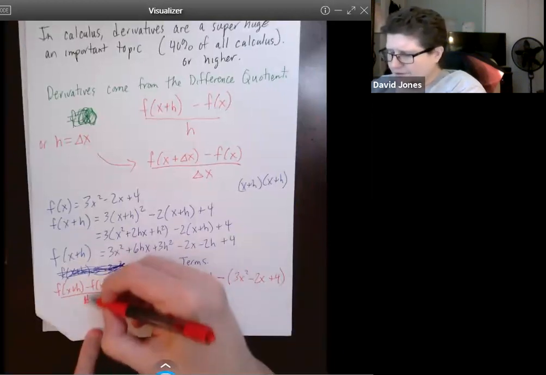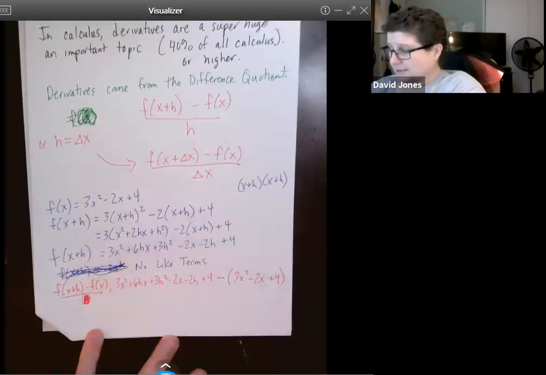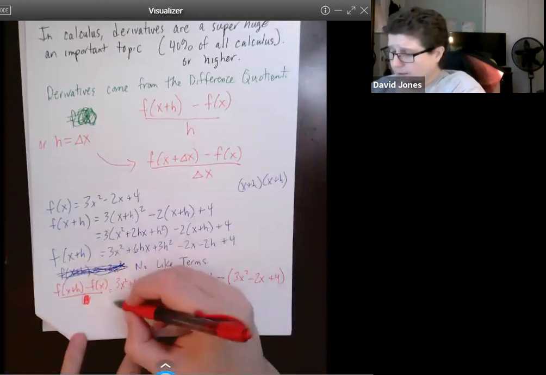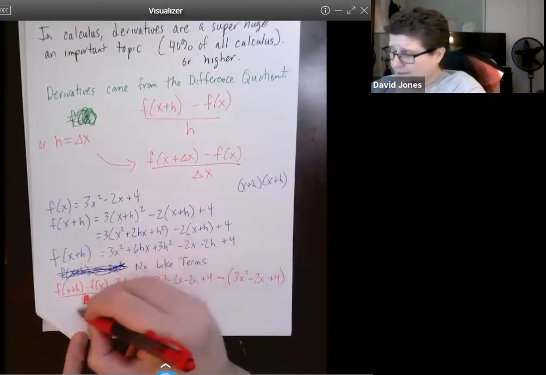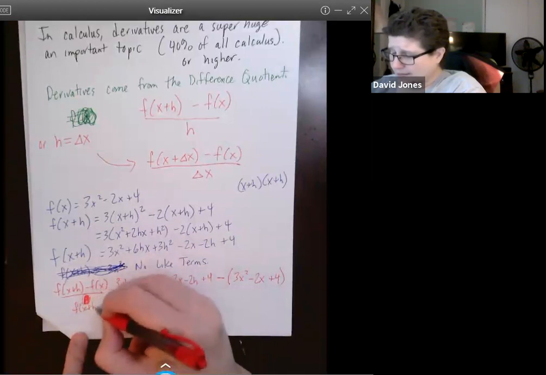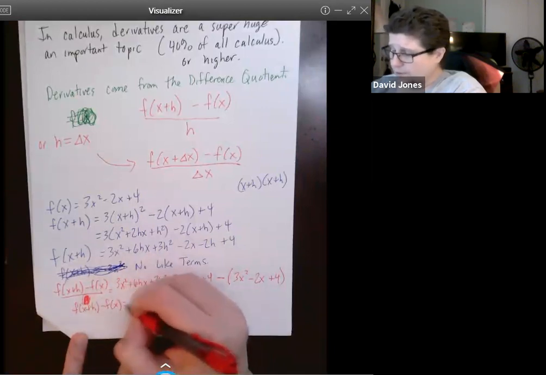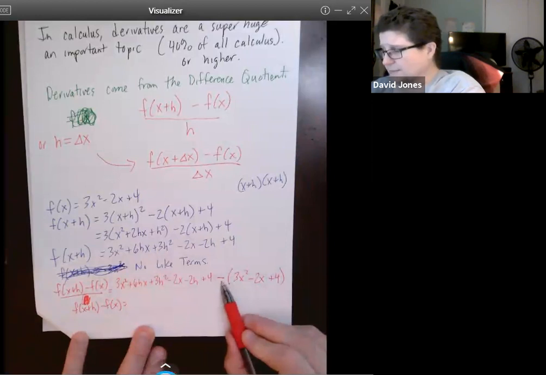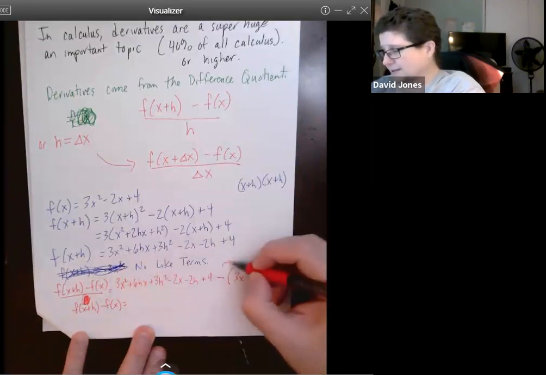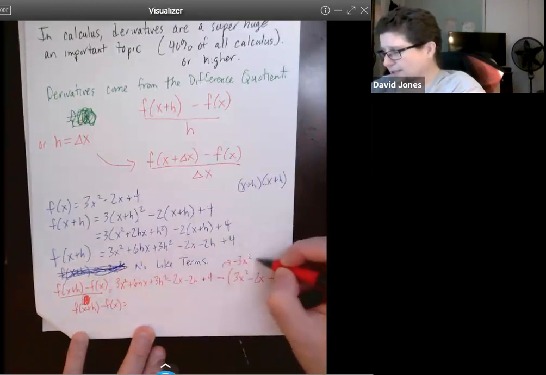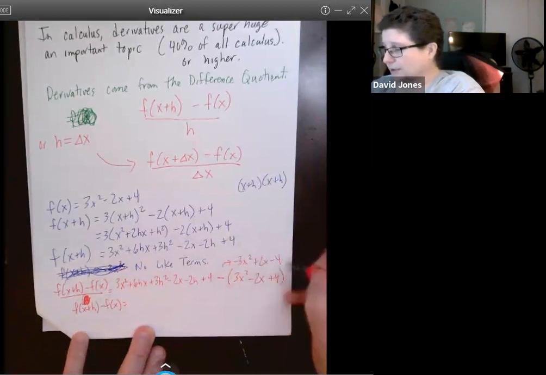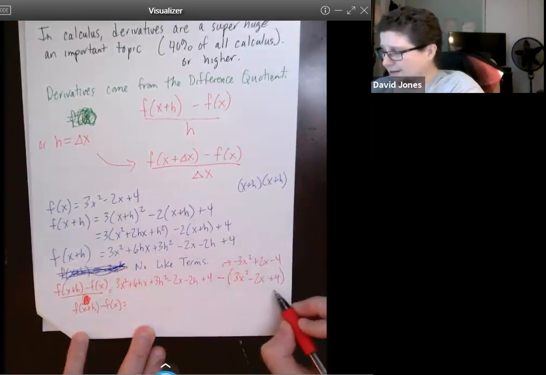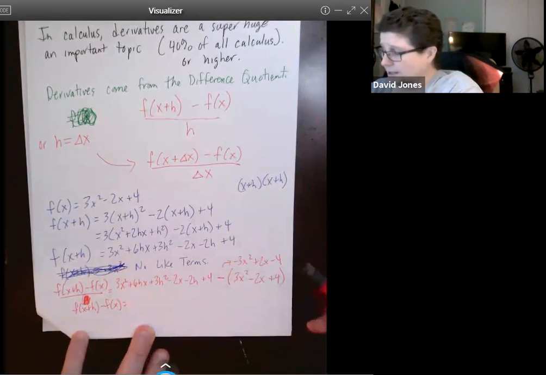Let's just do the division by h last. So f of x plus h minus f of x cleans up to, this becomes negative 3x squared plus 2x minus 4.